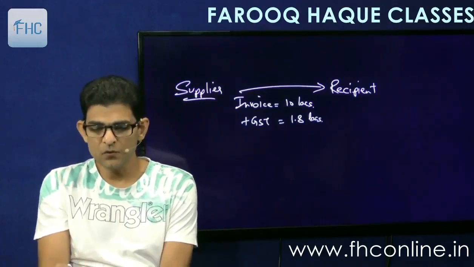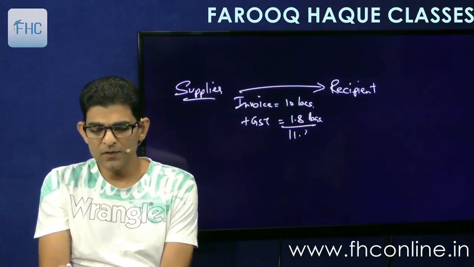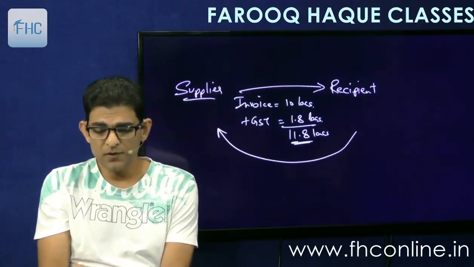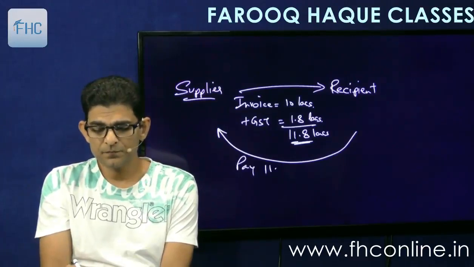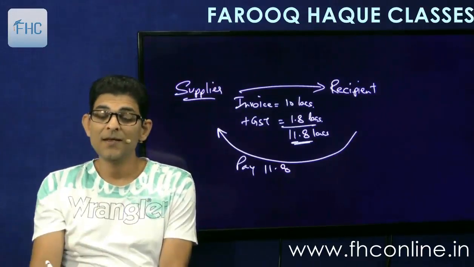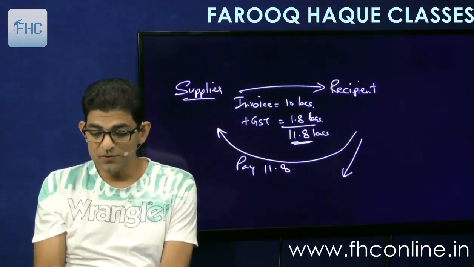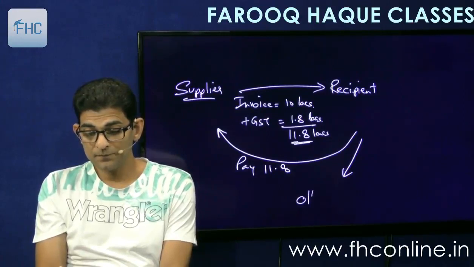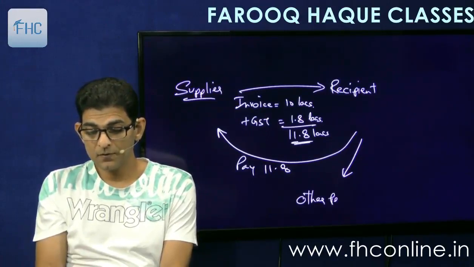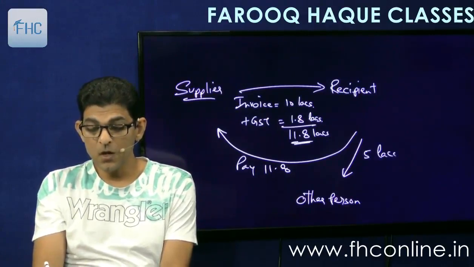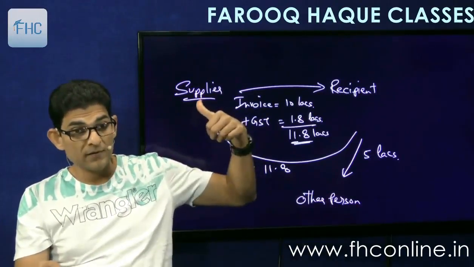So the total invoice was 11.8. The recipient pays 11.8 to the supplier, but then he pays an additional amount to someone else, to another person. This amount is say 5 lakhs, he pays to the other person on behalf of the supplier.